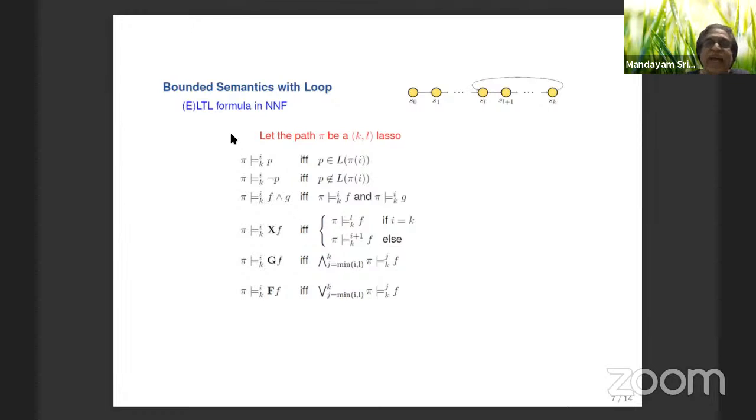Then you define the satisfaction for the whole path as pi, 0, K. Is that clear?